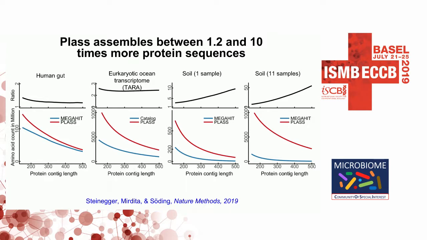When we now run Plus on big metagenomes, for example, on human gut samples, on the full set of eukaryotic transcriptomes from Tara, on one soil sample and on 11 soil samples, you see that the number of amino acids that we can assemble beyond a certain minimum length in human gut is not much higher than MEGAHIT as a reference, but already in the marine microbiome it is a factor of 2.5 larger, and on soil we get up to a factor of 10 or more assembled proteins from the same data.